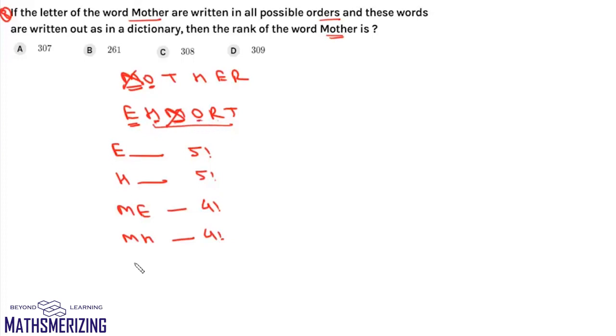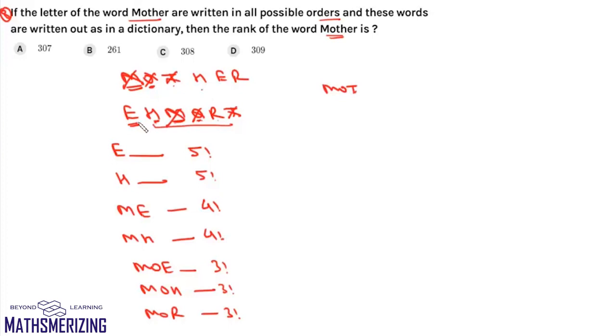And after that we'll get M-O. Now this O is also fixed. After that I need T, but first I'll get E. So M-O-E will be factorial 3, then M-O-H again factorial 3, and then M-O-R, which again will be factorial 3, and thereafter I'll get M-O-T.